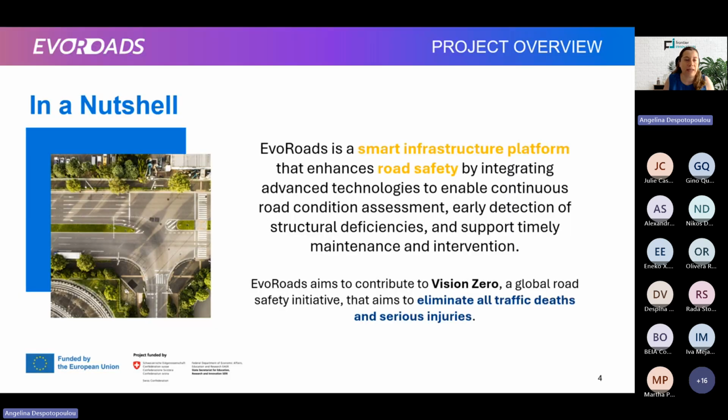Okay, let us start with the project overview, the first part of our presentation. EvoRoads is a project that started last year. We are currently in month 14.